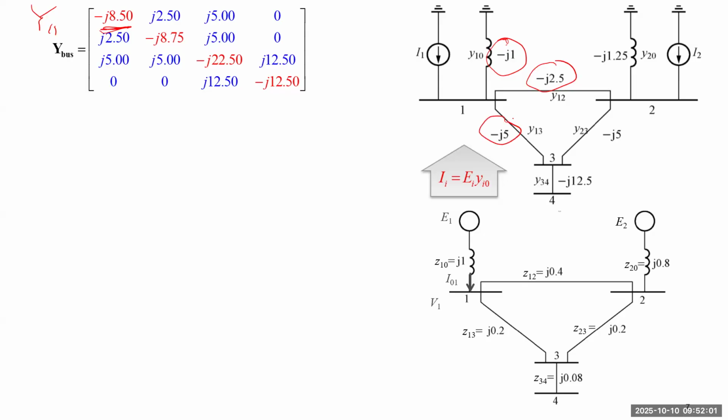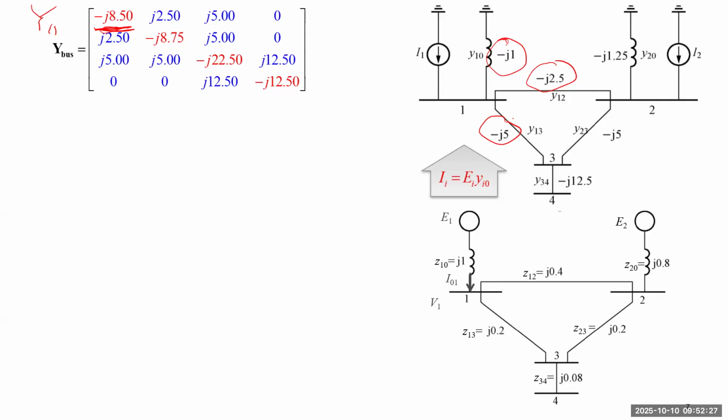If you add those three numbers together, that gives you negative 8.5j. But because there's no direct connection to bus 4, you don't need to consider any connection to bus 4. So that's how you come up with this negative 8.5j. Similarly, you can calculate anything else. Let's try another one.